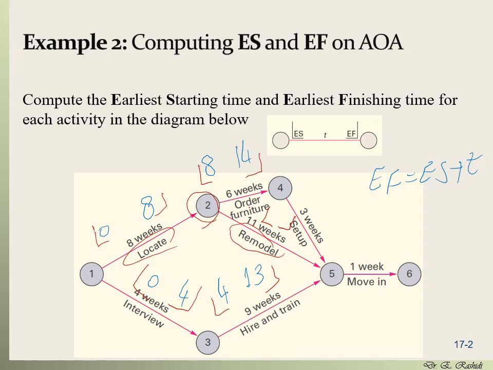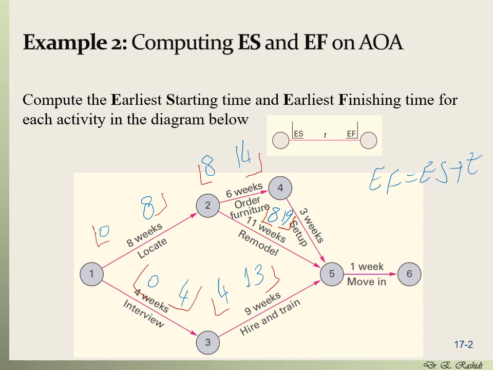And that is completed at the 8th week. So that means that the earliest start of remodeling can be the 8th week. And the earliest finish is the earliest start plus the time that it takes to complete remodeling, which is 11. So that's 8 plus 11, which is 19. So the earliest finish of this activity is 19. So I put 19 in the earliest finish.